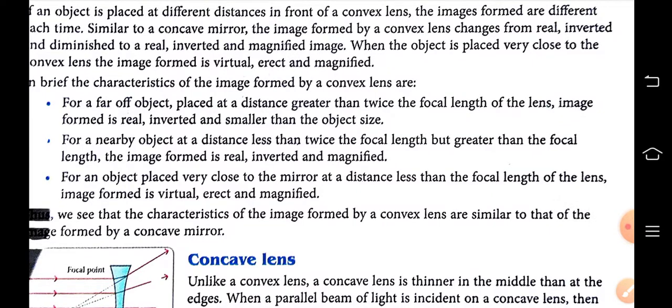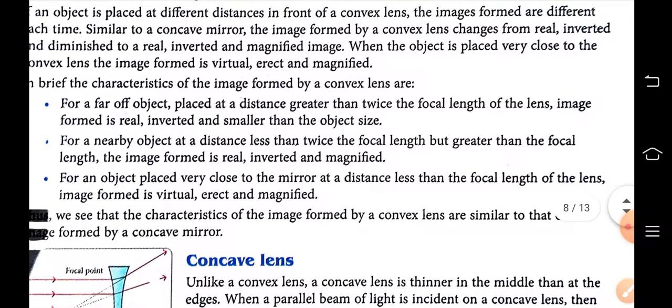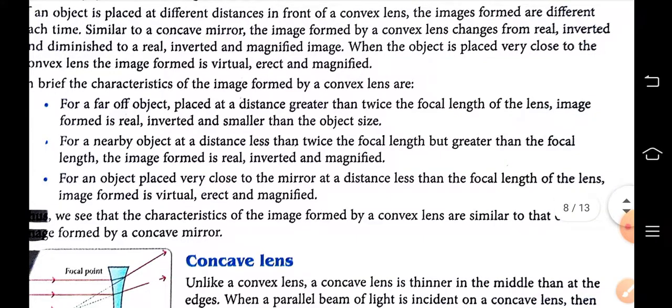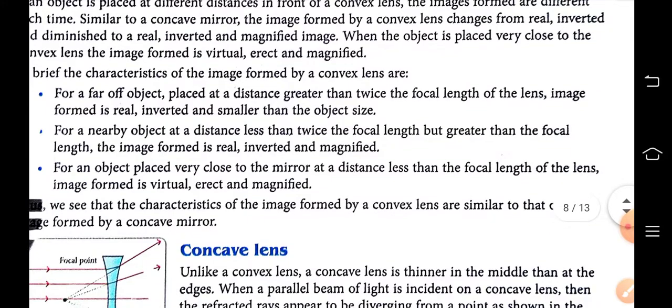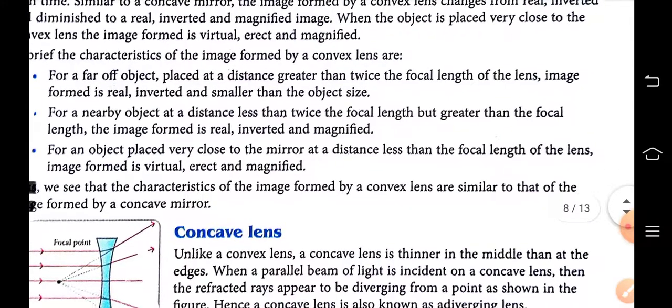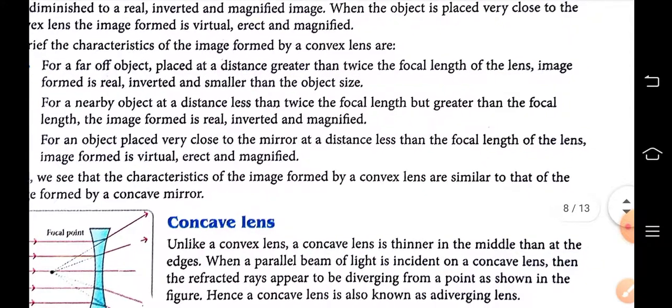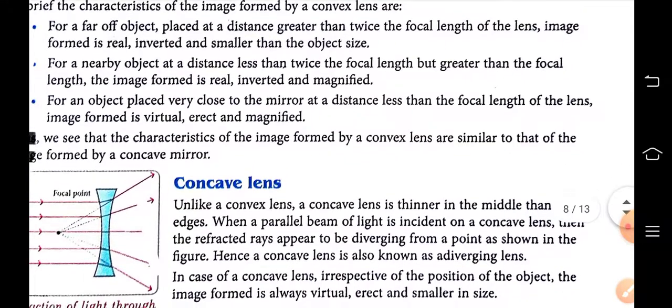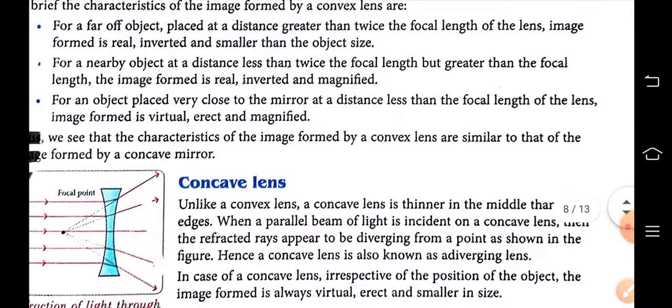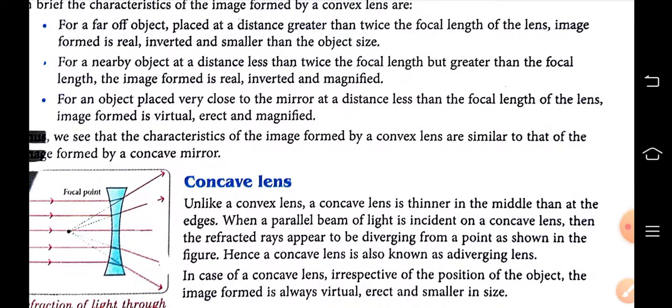Then for a nearby object at a distance less than twice the focal length, now bring the object closer, and it is less than twice the focal length but greater than the focal length, then the image formed is real, inverted and magnified.